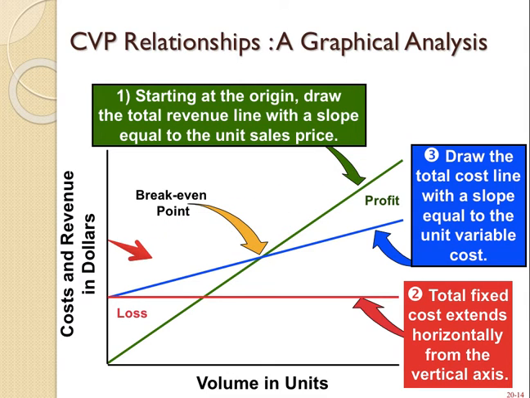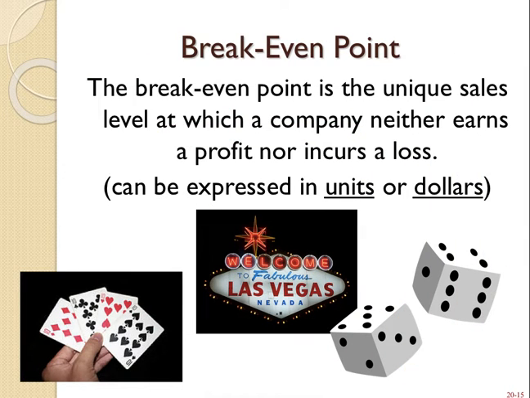So again, the break-even point is a unique sales level at which a company neither earns a profit nor incurs a loss. You might have heard this term, break even, when you go to Vegas. Breaking even means maybe you won some hands, maybe you lost some hands, but at the end, you came out zero.